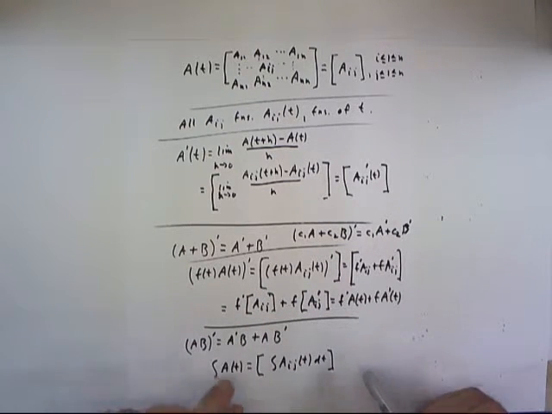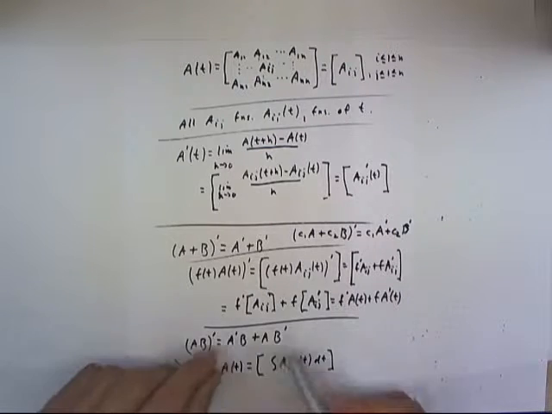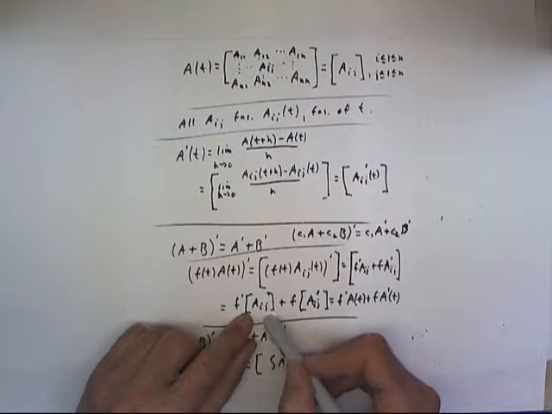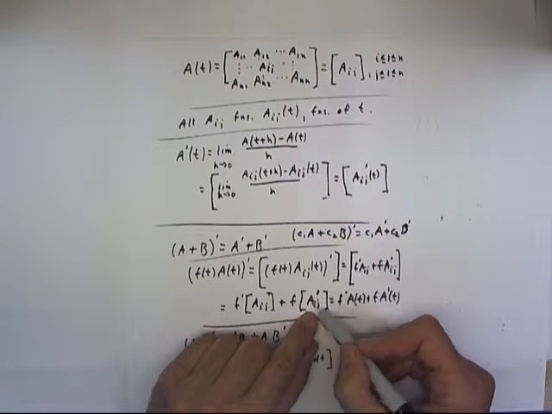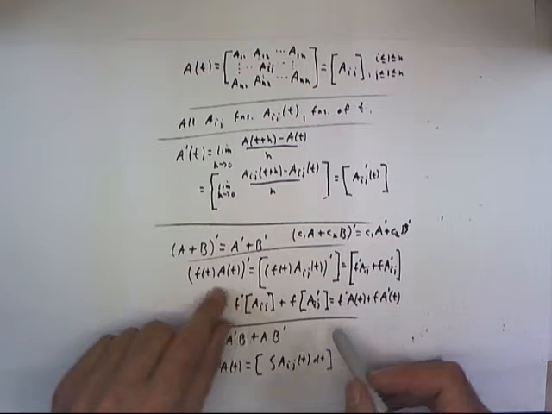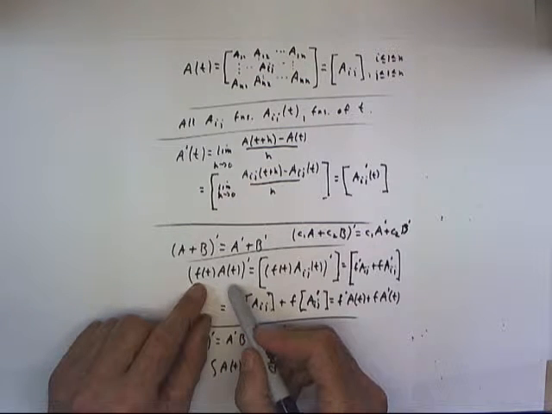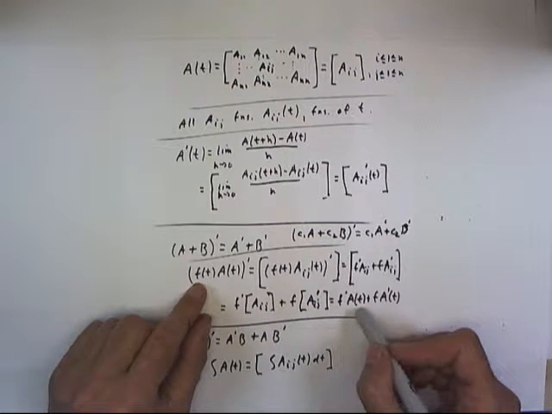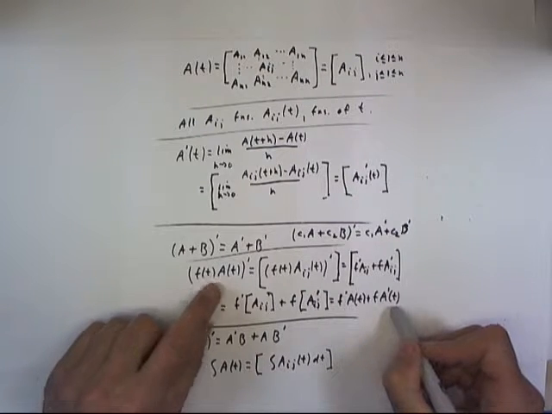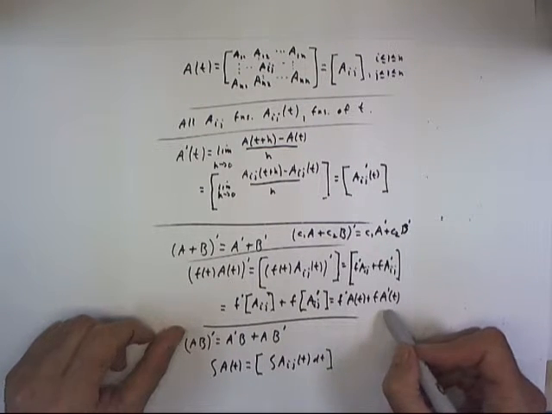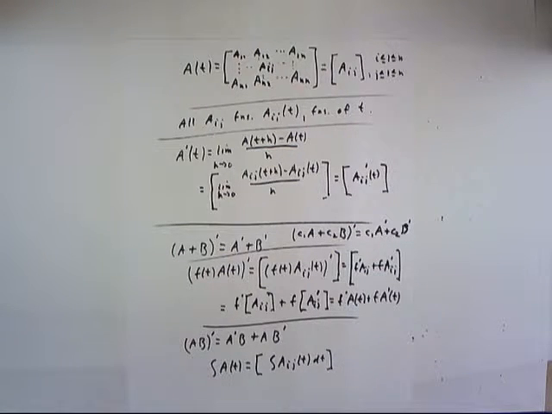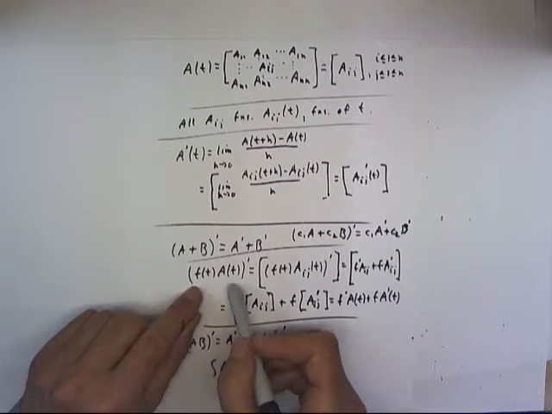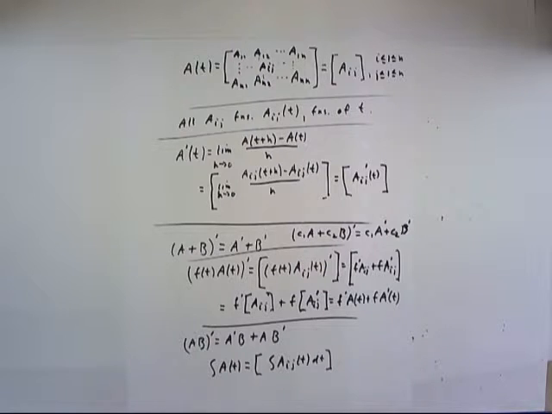What we then end up with is f prime times the aij matrix, which is just the A matrix, and f times the aij prime matrix, which is the A prime matrix, so that the derivative of f of t, A of t, is just f prime times A of t plus f times A prime of t. The formula looks exactly the same as it would for two functions of a single variable. So we do have a product rule for multiplication of a function by a matrix function.